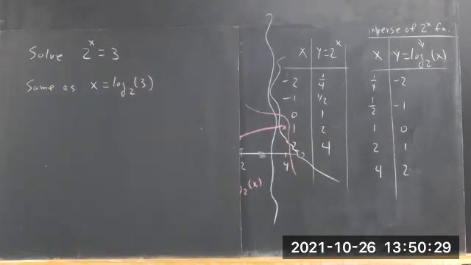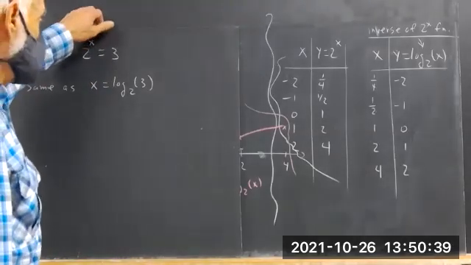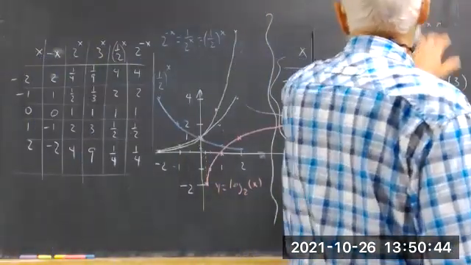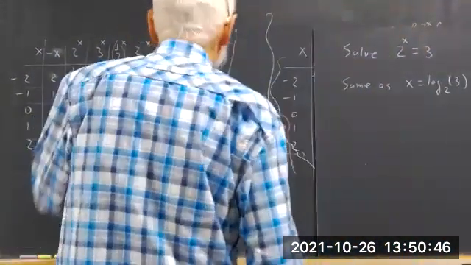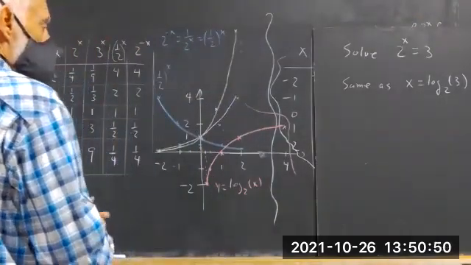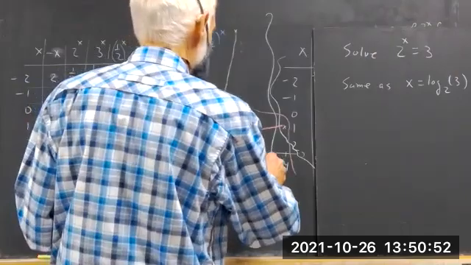And what's log base 2 of 3? Any idea how to calculate it? No. Okay, you can't calculate it. Now this is where you do get to use your calculator, but we're not going to do that just now. We're going to look at what log base 2 of 3 is. So here's x equals 3.